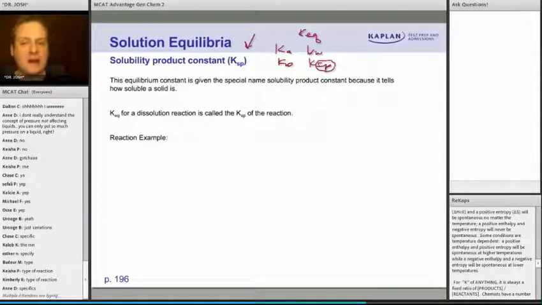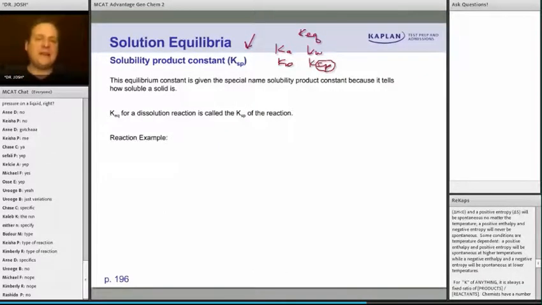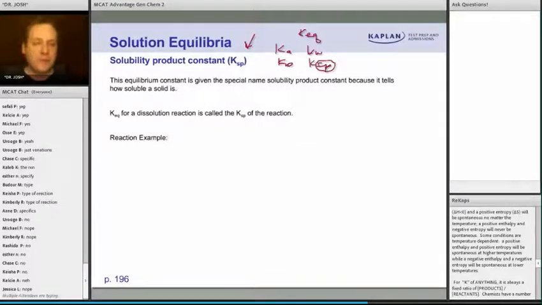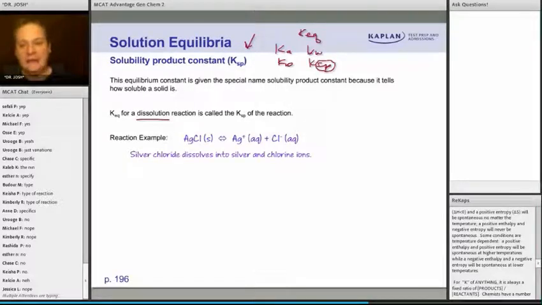So when we start talking about KSP, do you think that we're going to completely change everything we've come to know about equilibrium constants? Nope. All this means is you're looking at equilibria in a particular reaction, and it's dissolution. What does that mean? It means take your solid, throw it in water, watch it dissociate into ions.